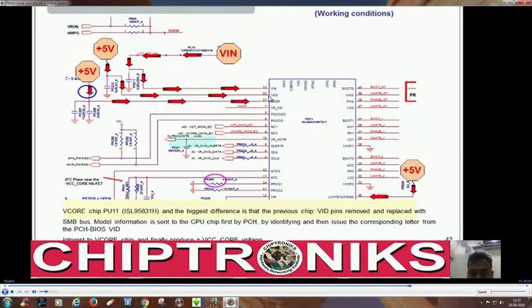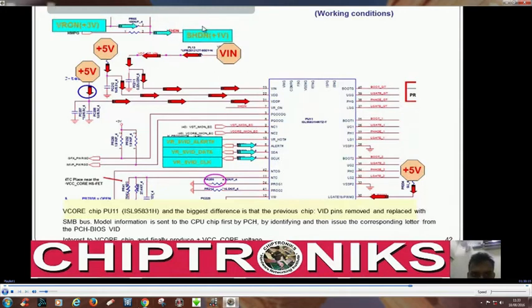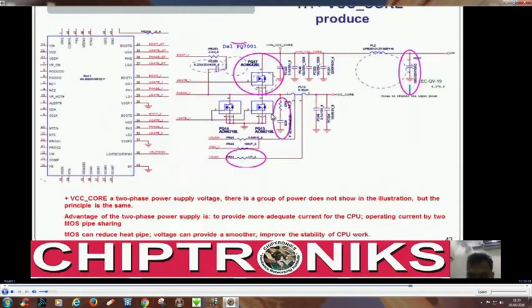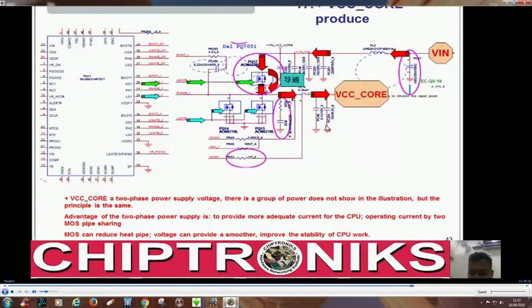VDD and VDDP you can see, and this L gate, and the CPU will provide this data, alert, data and clock, and then this VRON is coming over here, and then you can see this drive high and drive low will switch on these MOSFETs to generate VCC core, right? To generate VCC core.